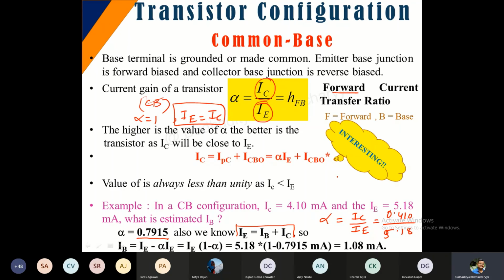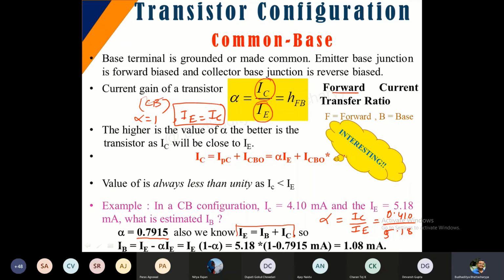Even you can observe that suppose you have this 5.18 as the emitter current, and we have 4.10 as the collector current.